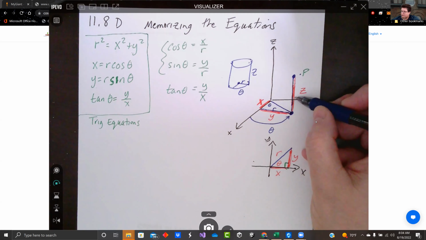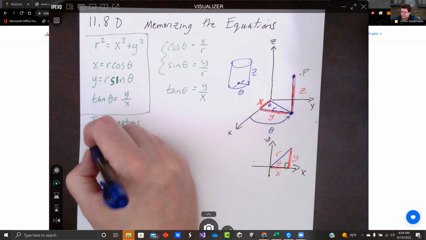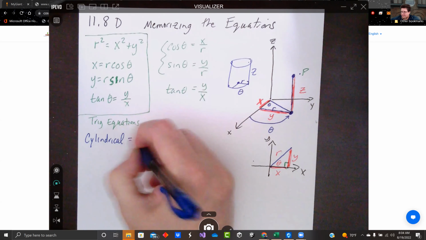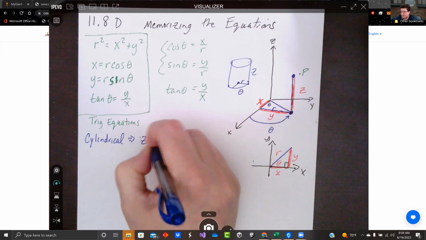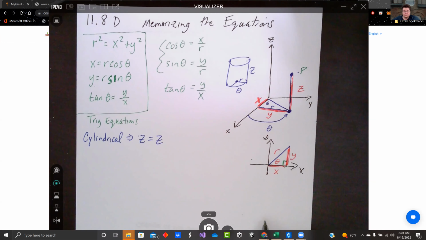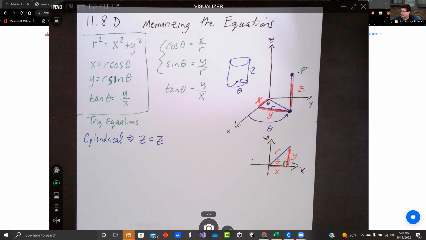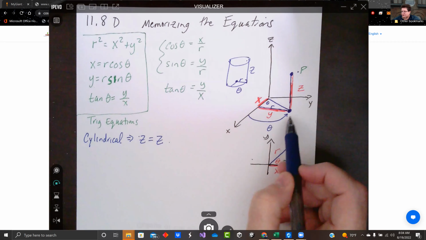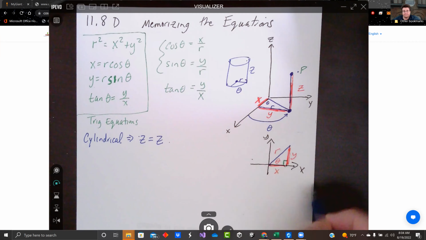So for cylindrical coordinates, what is new is z. z equals z. We need to list z in both of them. And that's all that's needed for cylindrical. We already had everything else for cylindrical in our trig set.